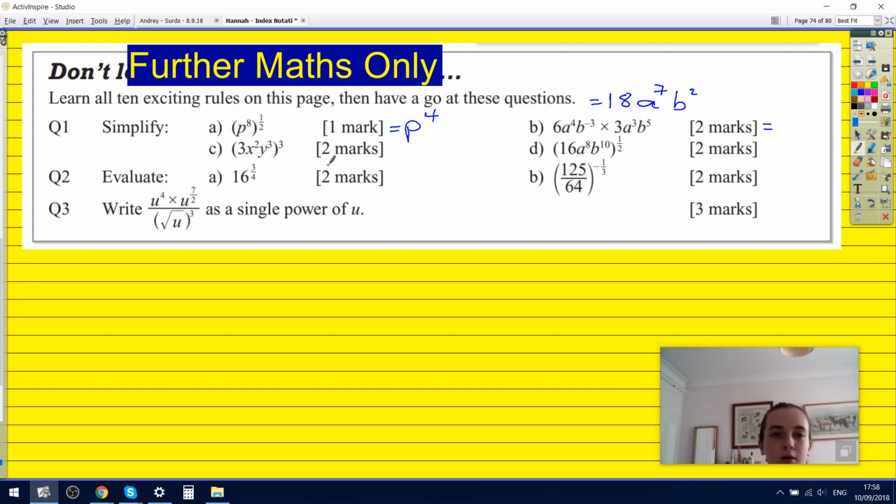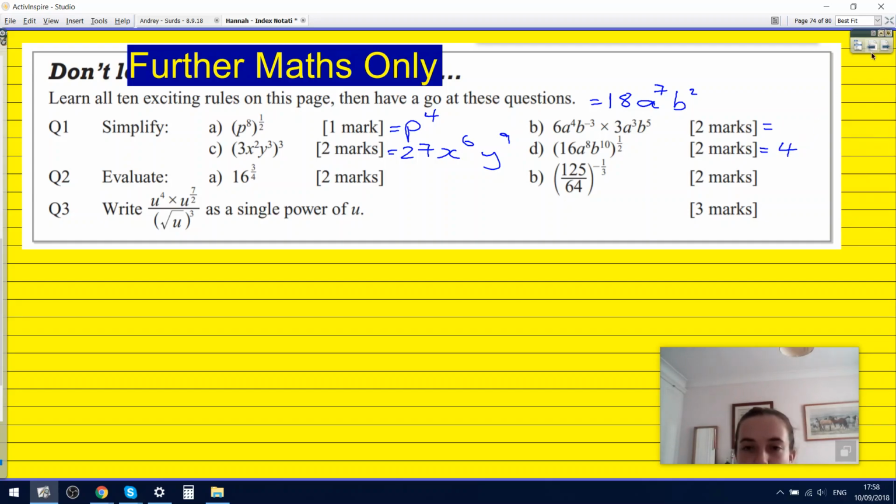C? 9x. That would be if it was squared. This is cubed. 27x to the 6, and y to the 9. D? 4a to the 4 and b to the 5.